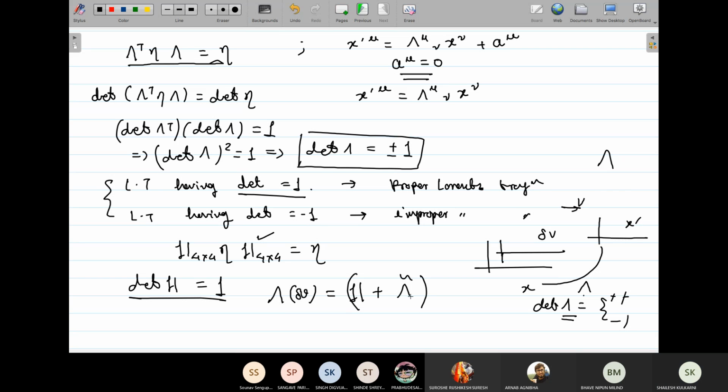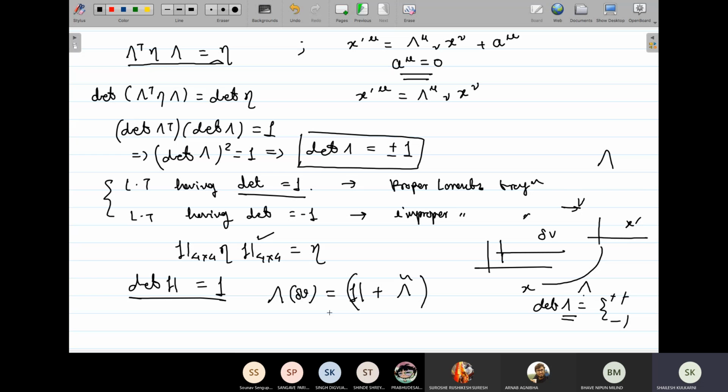Clear? Now, if you take delta v to be 0, this part will go, this will remain, whose determinant is +1. You understand? So any transformation which continuously relates to identity must have determinant +1. Continuity is important.